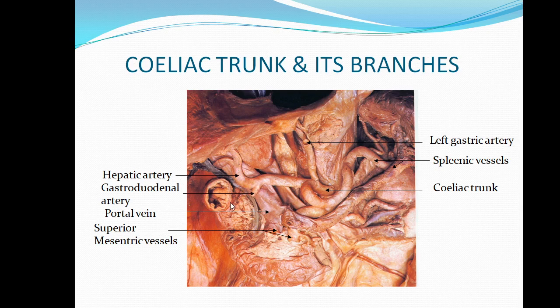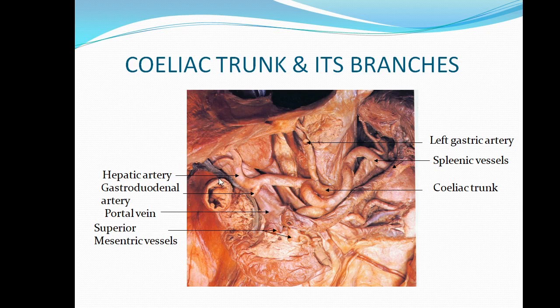gastroduodenal artery. This is what you can see, the cut end of the first part of the duodenum, and this area is in fact the region of the lesser omentum. And here you can very well appreciate that this is the area of the epiploic foramen.